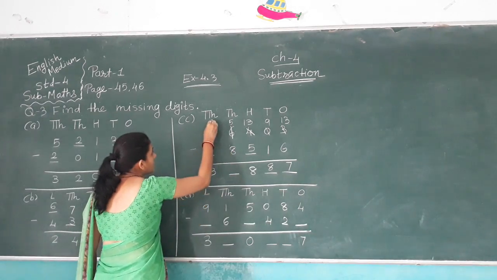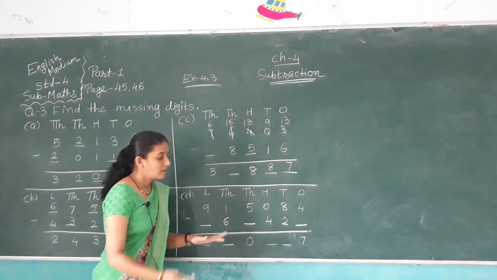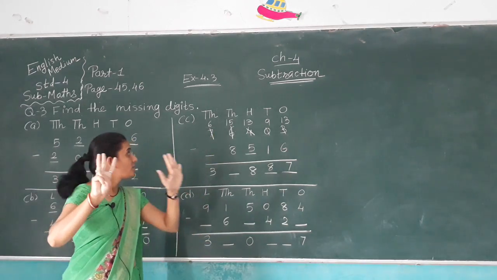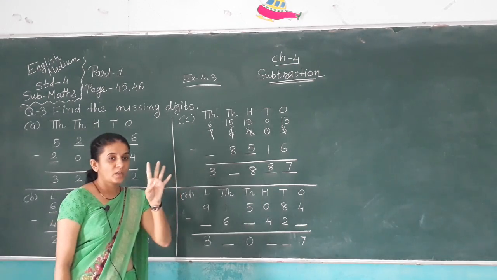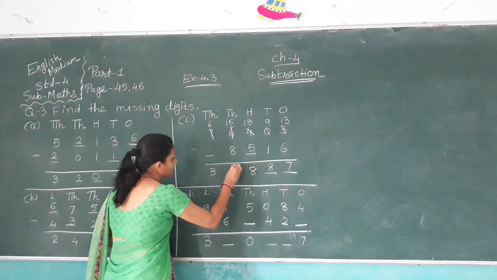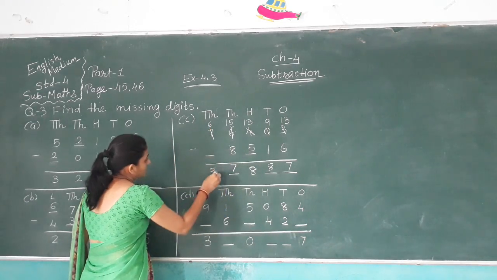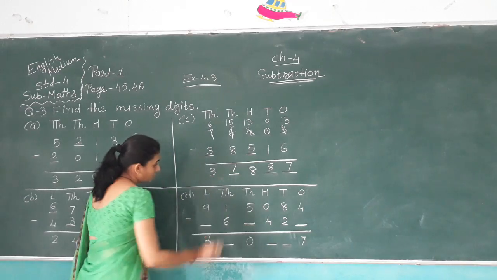Cut here 7, 6 and 15. 15 minus 8. Take 8 fingers. Before 15: 14, 13, 12, 11, 10, 9, 8 and 7. And 6 minus 3 is equal to 3.